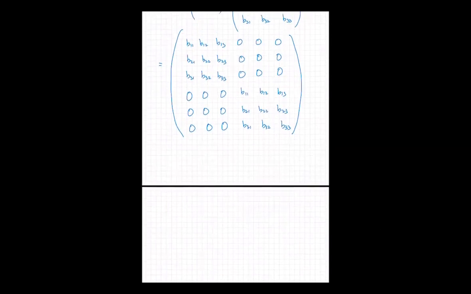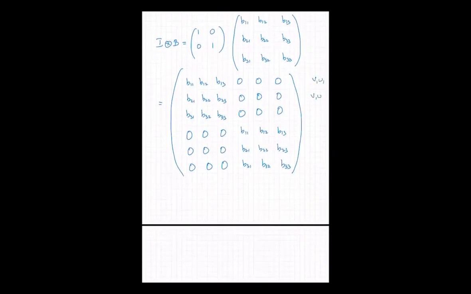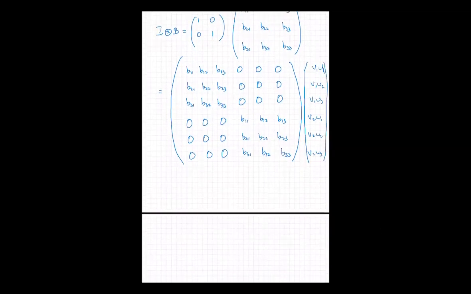So how would this matrix act on V cross W? Well, let us figure it out. This acting on V cross W, which is V1W1, V1W2, V1W3, V2W1, V2W2, V2W3, right? This is the V cross W vector. So the first 3 elements all have V1 here. So the first one will be V1 times B11W1 plus B12W2 plus B13W3.